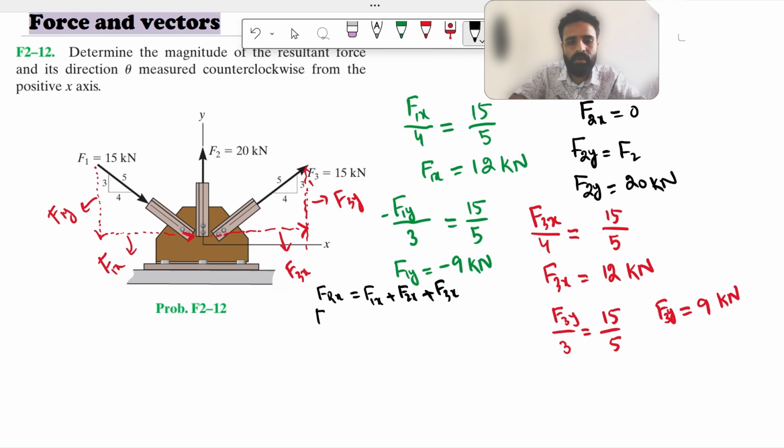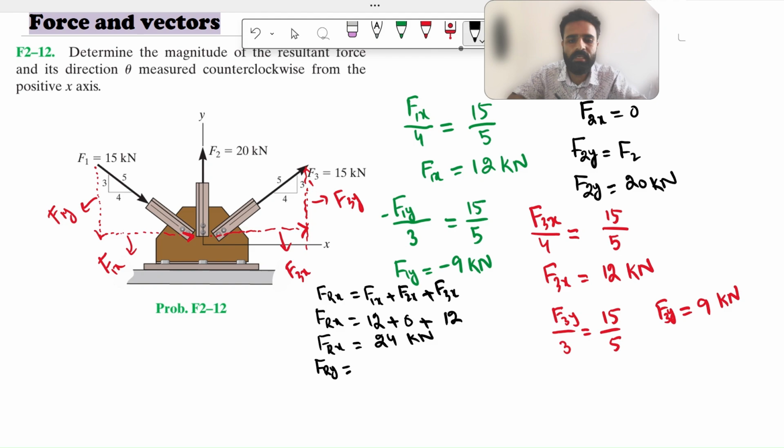So the FRX will be equal to the F1x value, which is 12, plus the F2x value, which is 0, plus the F3x value, which is 12. So the FRX value is 24 kilonewton. Now we will be doing the same for the FRY.